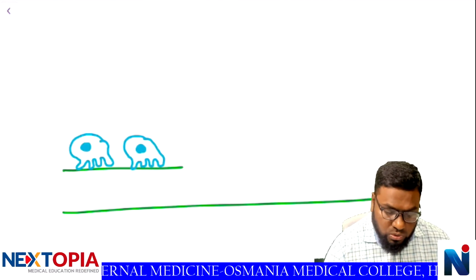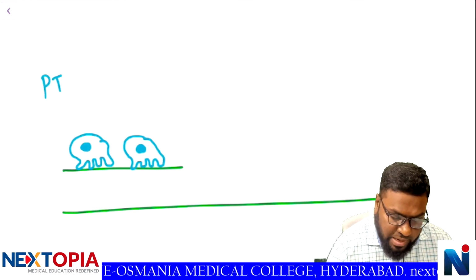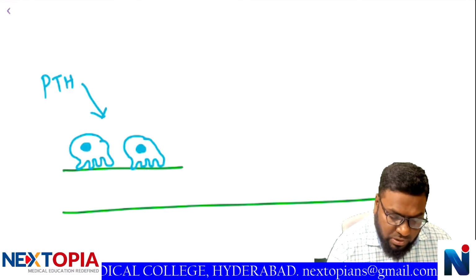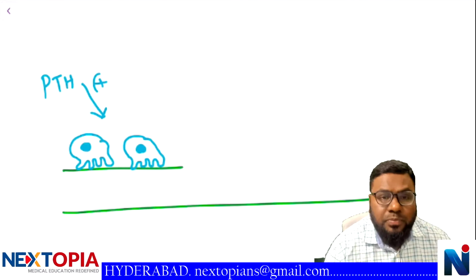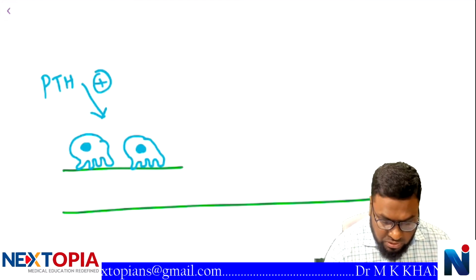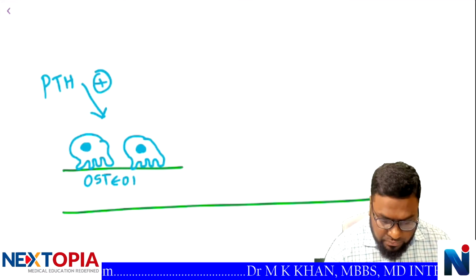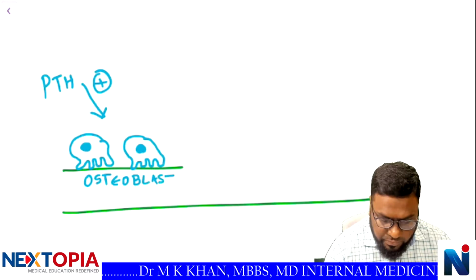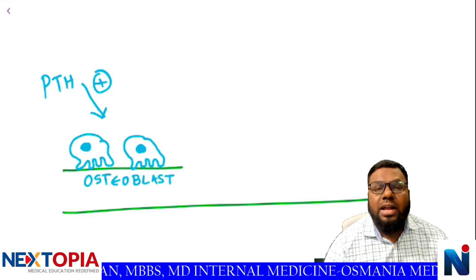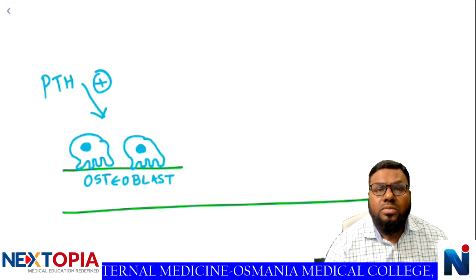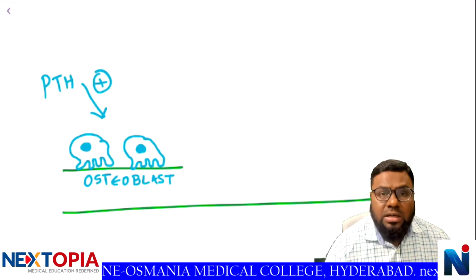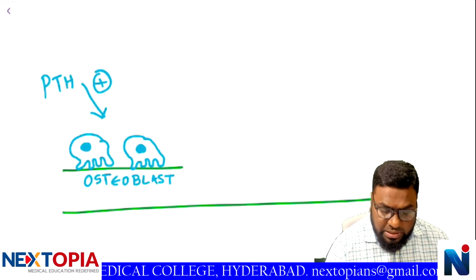Osteoblast. So because of the positive effect of parathyroid hormone or vitamin D, what will happen on the osteoblast? Suppose this is the osteoblast. Because of this, there is a promotion of OPG.